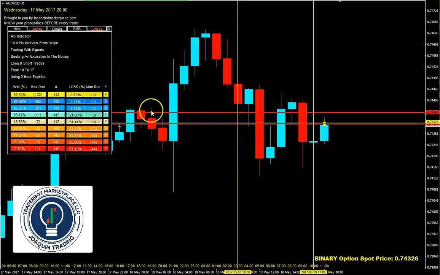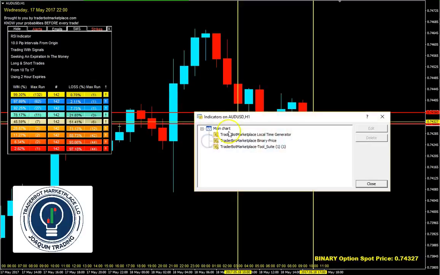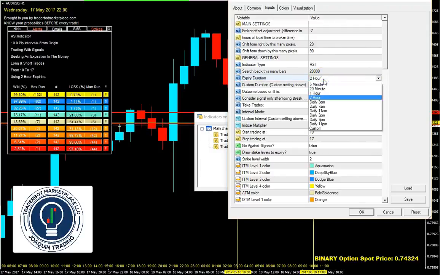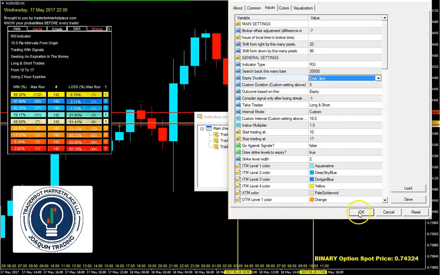Now, before we do anything, we're going to try to get these down a little bit. Right now there's 142 trades overall, but the win rate is not nearly as high. Right now we've got it set on a 2-hour expiry. We're going to set it on a 3 p.m. expiry and see if our probabilities go up.